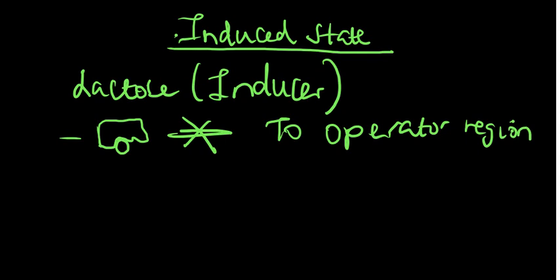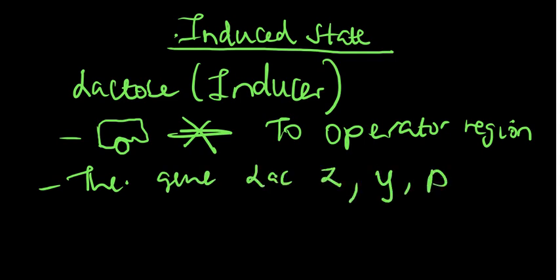So it means the genes lac Z, lac Y, and lac A will not be transcribed. This is when the Lac Operon is in the induced state, and like we said, an induced state is normally what?